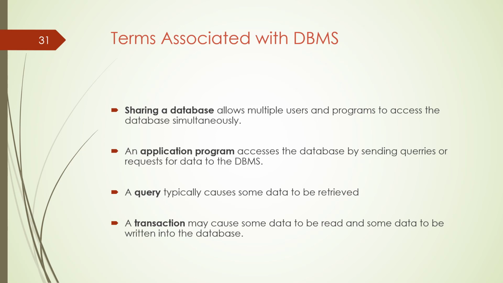An application program accesses the database by sending queries or requests for data to the DBMS. A query typically causes some data to be retrieved. A query could be written by a human being or by a program. A program can dynamically generate a query depending on the situation, and that query can extract the relevant information.